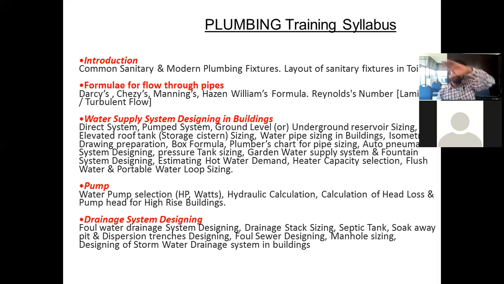Now, from the overhead tank, it has to be supplied to our individual fixtures, correct? Like shower, wash basin, taps, kitchen sink. All those areas we have to send it to. So we need pressure.